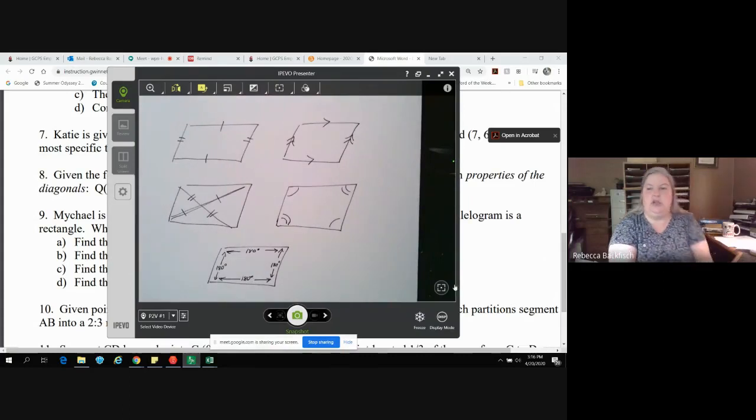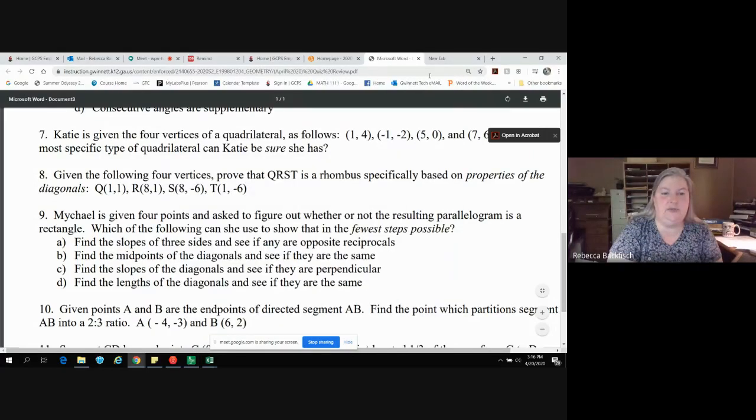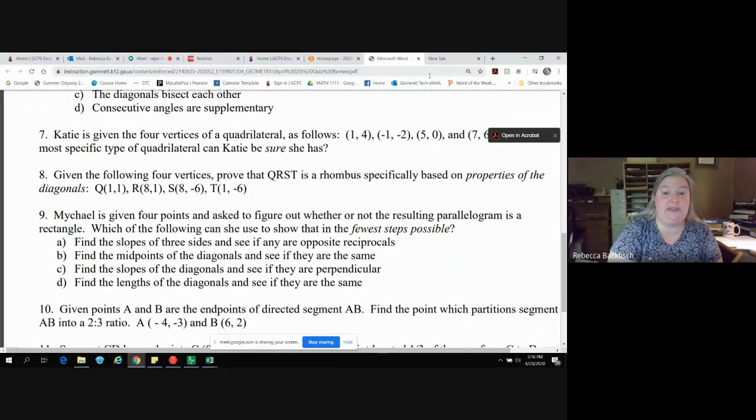Okay, so looking at A, it says find the slopes of 3 sides and see if there are any opposite reciprocals. Well, opposite reciprocal slopes tells me that I have a right angle.